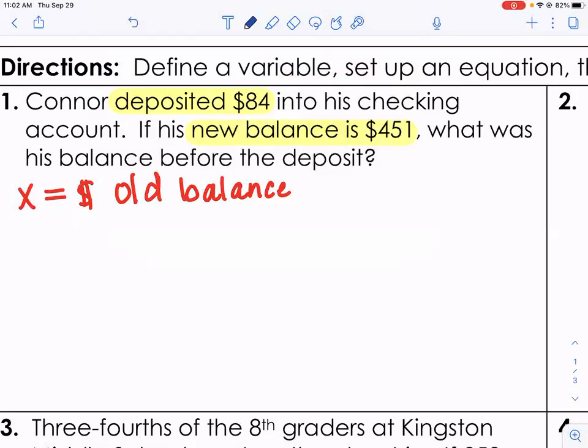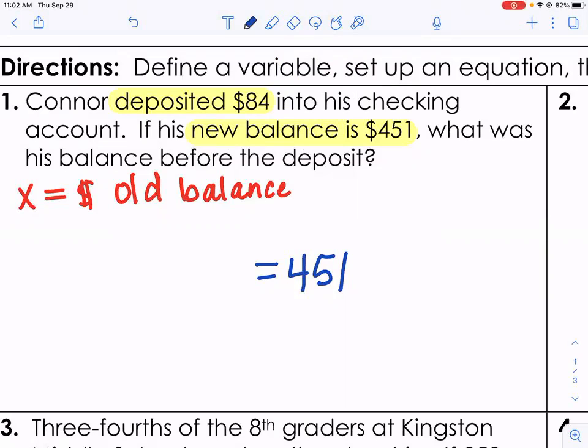Okay. So now the new balance is $451. Okay. Who can raise their hand and describe to me what should equal $451? Data? What equals $451? Like in the equation, what should I write? Okay.